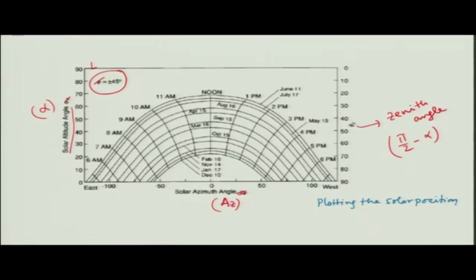Okay. And what are the fixed lines or values? So, what we are plotting are the iso lines. Okay.